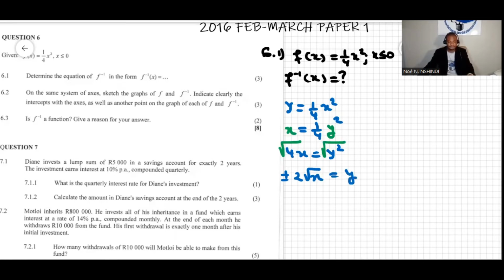Now this is the value of y. I'm going to say therefore f minus 1 of x equal to plus minus 2 square root of x. So this is f minus 1.